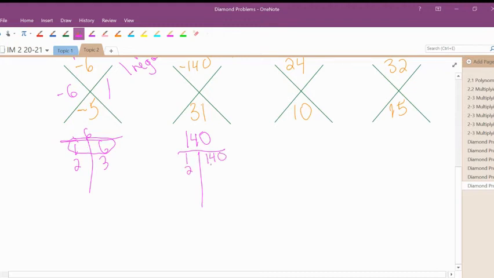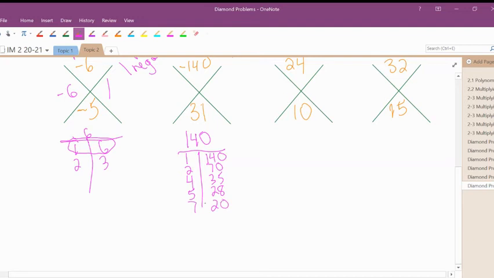We know 2 goes into it because it's even. 3 does not go into it. 4 does, 35. 5 goes into it because 140 divided by 5 is 28. Let's see, 140 divided by 6, does that work? Nope. 140 divided by 7, that works.